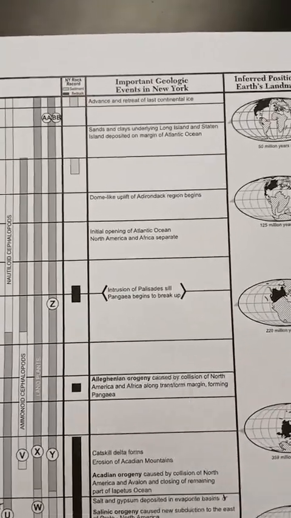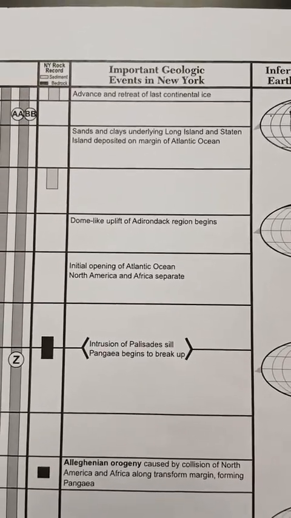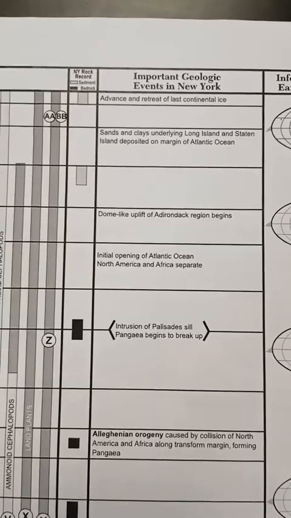All right, and as you can see at the top of the Earth Science reference table, it says advance and retreat of last continental ice. So in the paragraph, they told us that it was the last ice age.